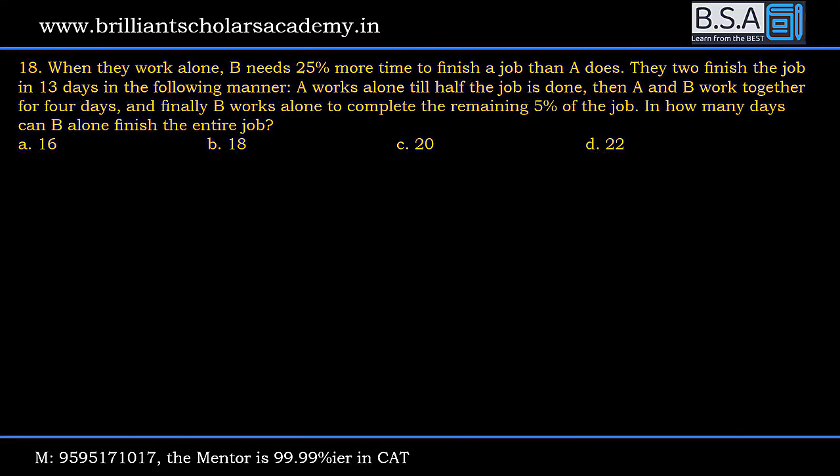Then A and B work together for 4 days. Finally, B completes the remaining work alone, which is 5% of the job. In how many days can B finish the entire work?